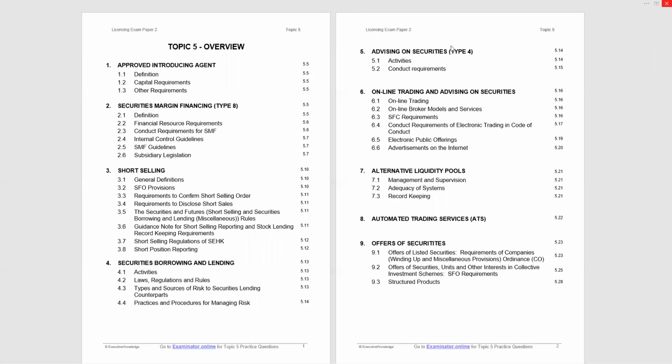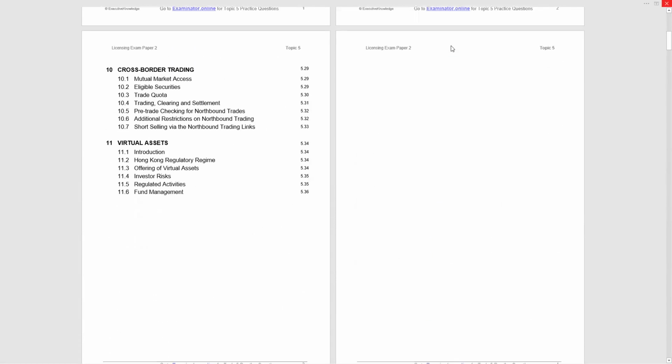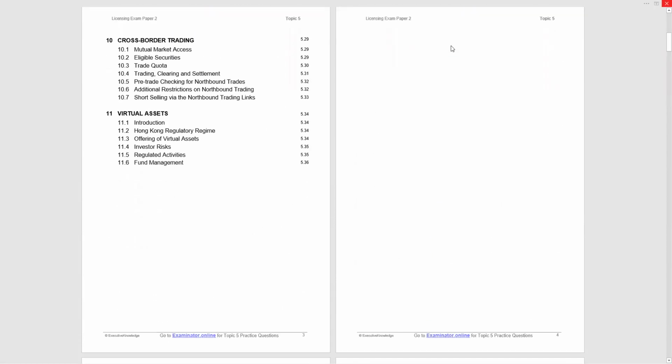Automated trading services, that's type 7 activity, outside chance nowadays of being examined. And then offers of securities, as we'll see, there's 2 types of offers of securities to the public. One is the collective investment schemes and the other is listings, new shares being offered to the market. Section 10 looks at cross-border trading.